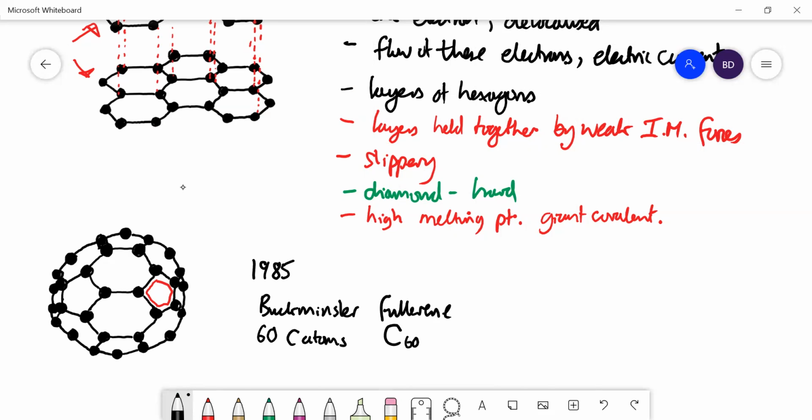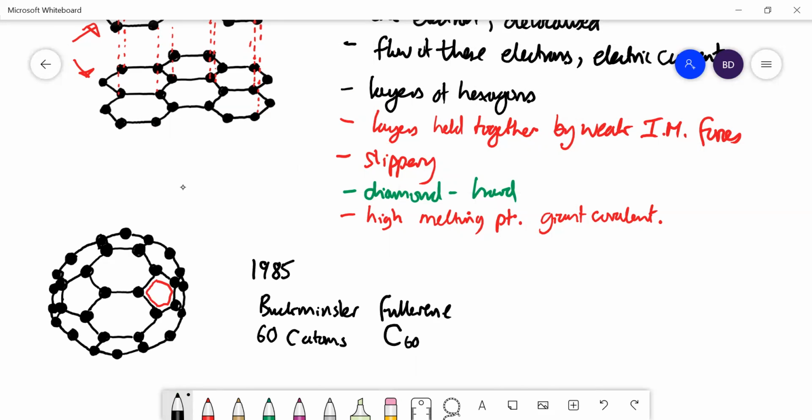There are actually bigger versions with 80 and more carbon atoms forming slightly bigger spheres, which have been discovered as well. Now there's a lot of speculation that these may be very useful molecules for use in the future. Most of those are quite pie in the sky and a bit science fiction-y, so I won't talk about them.